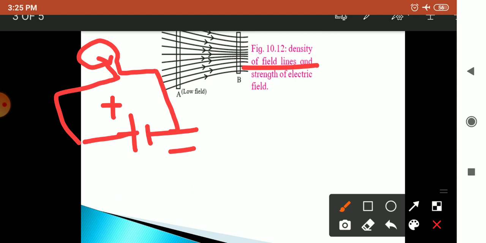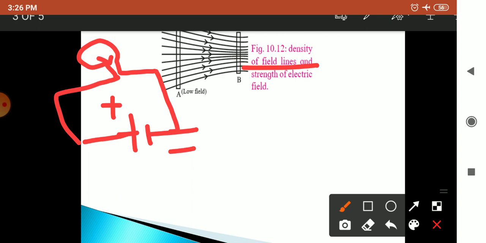Then the second characteristic: the lines of force neither intersect nor meet each other. If they did, it would mean that the electric field has two directions at a single point. What is the second characteristic?